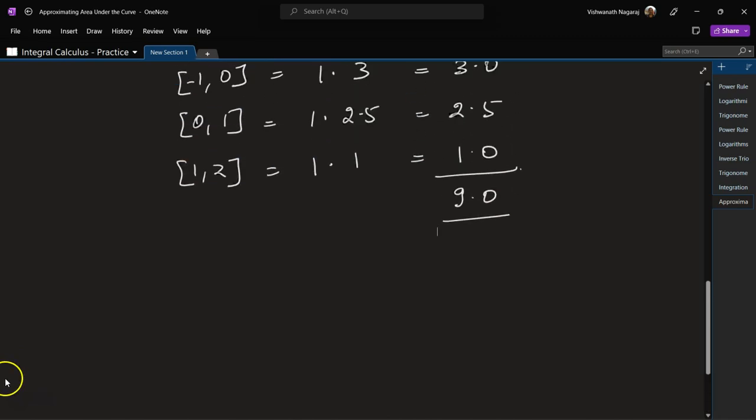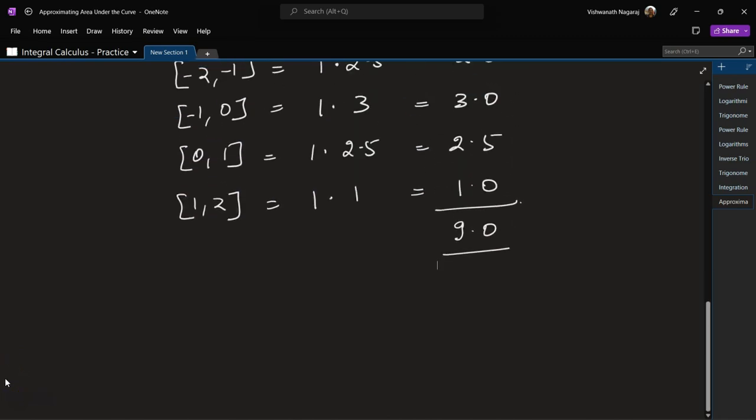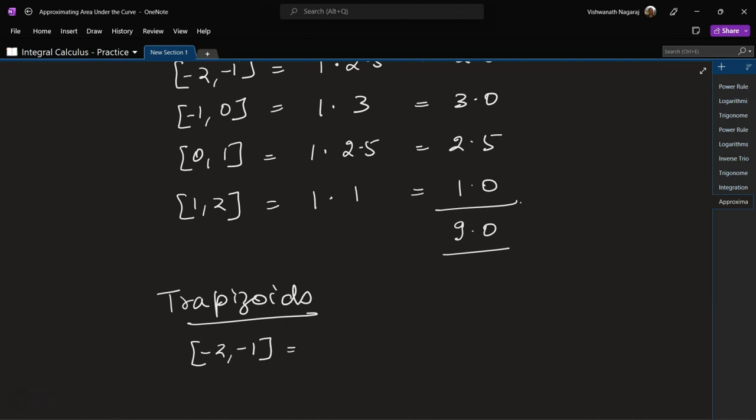Now, instead of looking at left endpoint or right endpoint rectangles, let's look at trapezoids. In case of trapezoids, minus 2 to minus 1, this would be, remember the formula for finding the area of a trapezoid is average of the two parallel sides times the altitude.